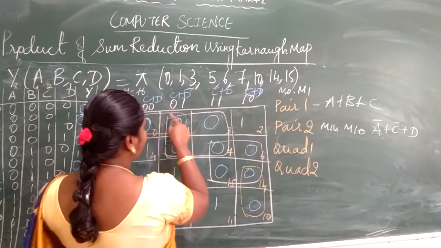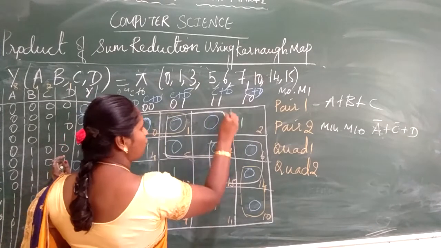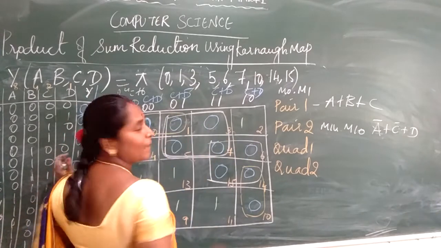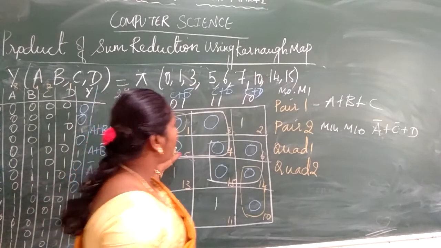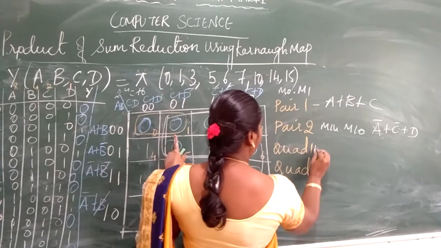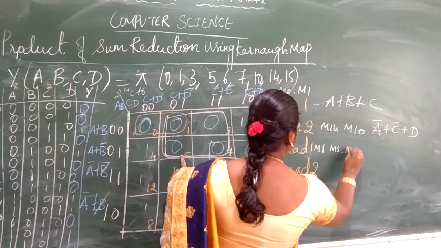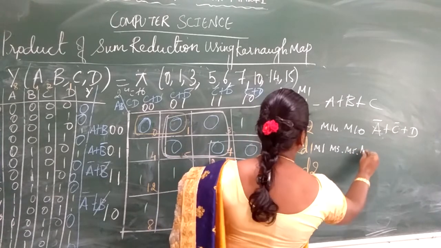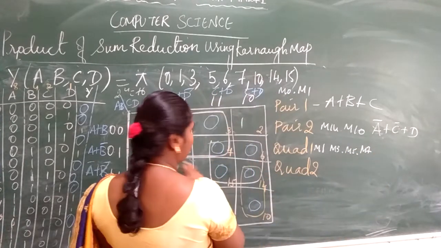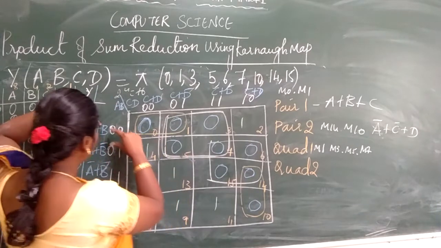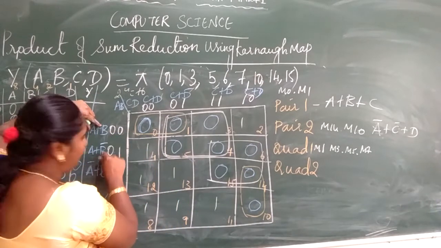Now we'll go for quad 1. Let me consider this as my quad 1. For quad 1, what is the expression here? It is M1 into M3 into M5 into M7. For this, you consider these two, a plus b bar.